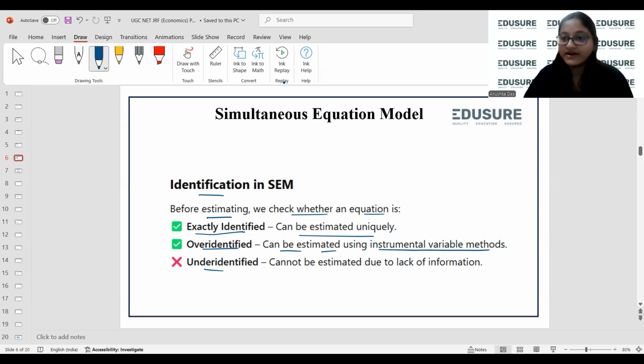In case of under-identified, you cannot estimate the model due to lack of information. So if you have an unidentified equation, you have to gather more information and go into other processes in order to convert the equation into either exactly identified or over-identified. Only then can you estimate.